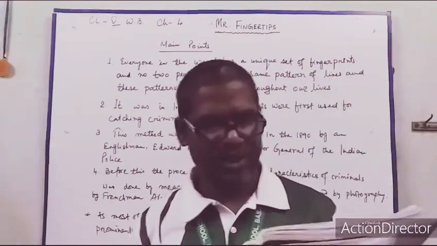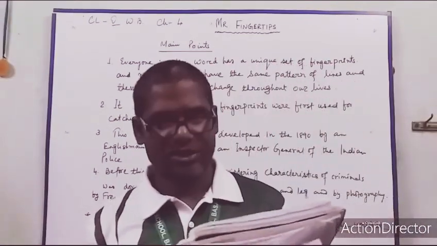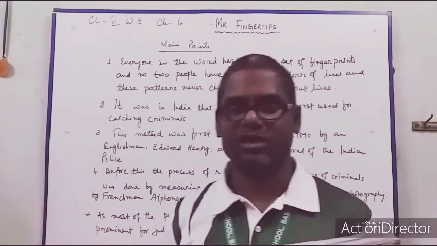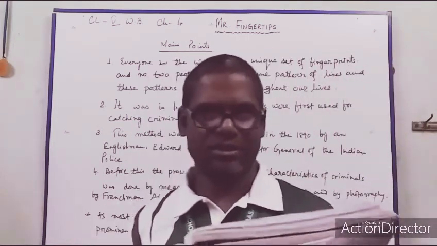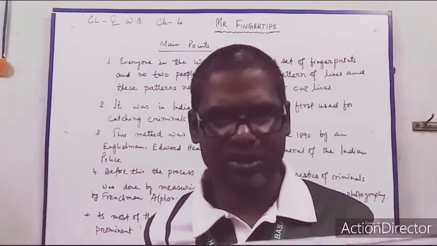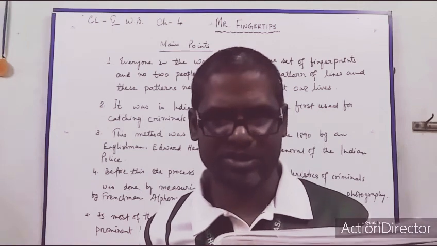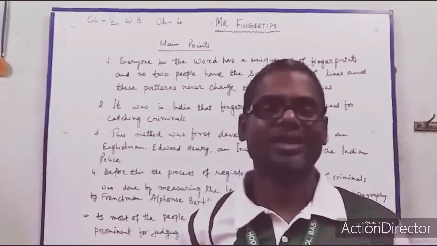Okay. Now, Edward Henry, who was the Inspector General of Indian Police at that time, instructed the police officers to do what? To take the impression of the criminals' left hand. Why?